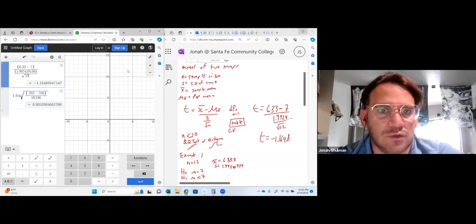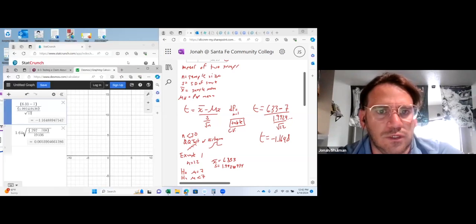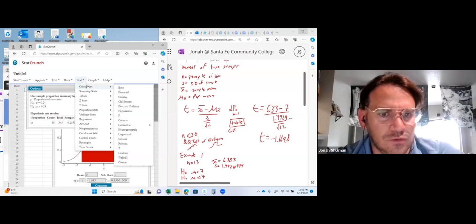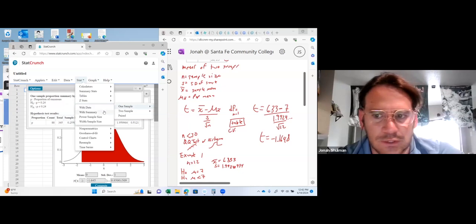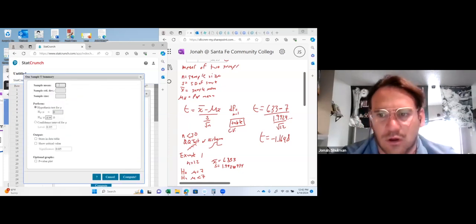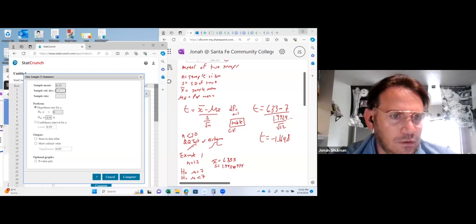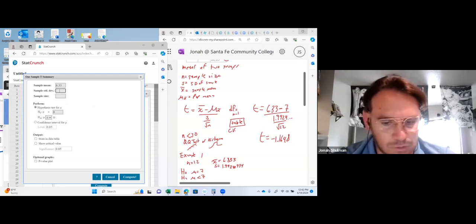Now, what is a faster way we can do this? We can use StatCrunch, and I can go to a t-statistic for a one sample with a summary, because that's what we have. Our mean is 6.833. Our sample standard deviation is 1.9924.